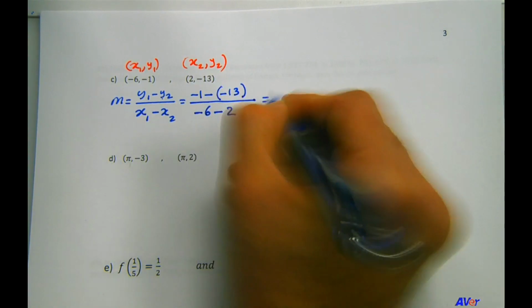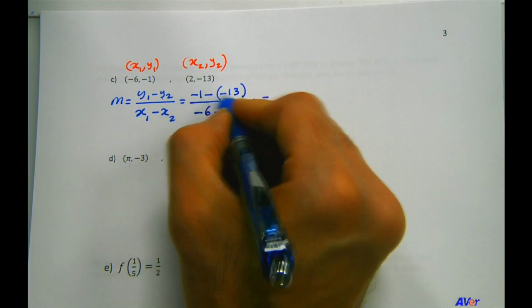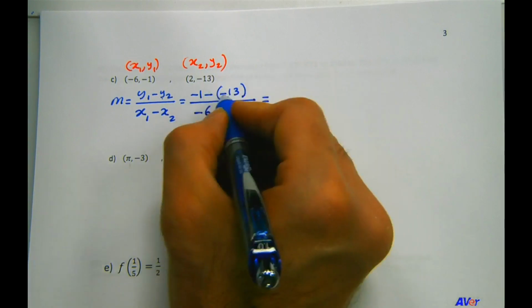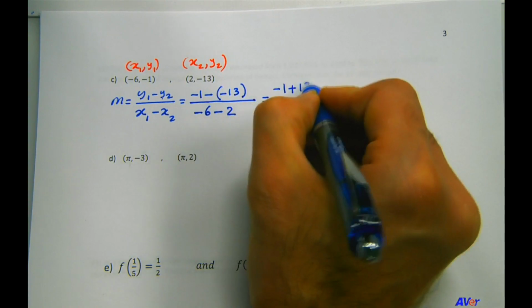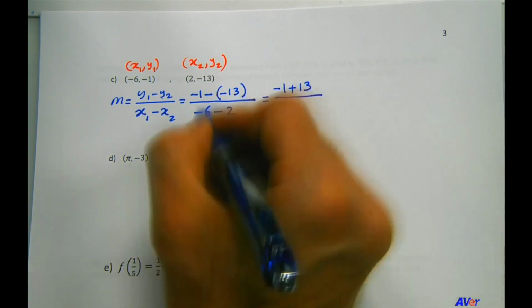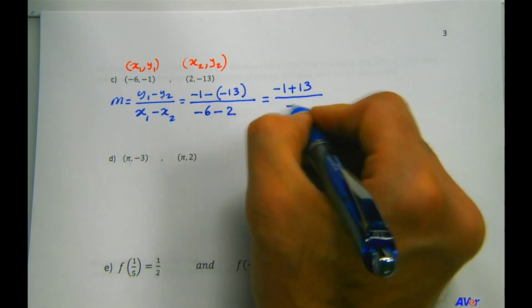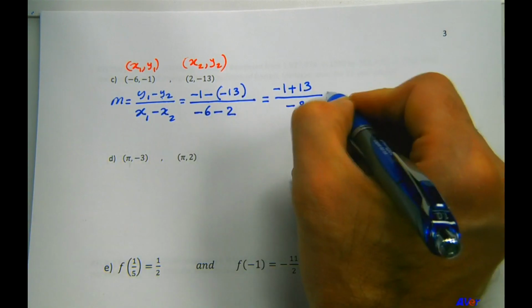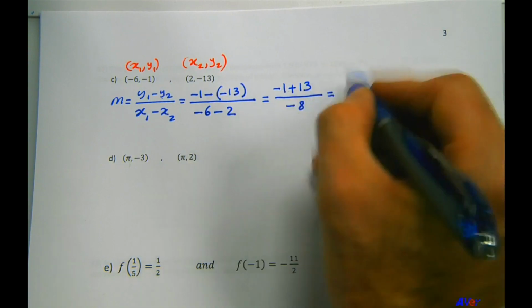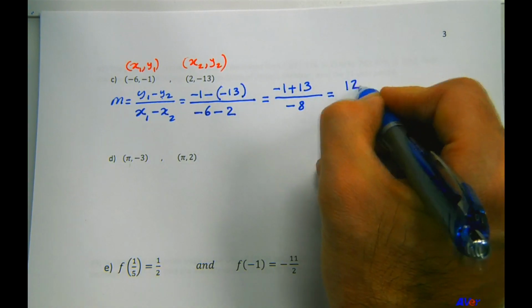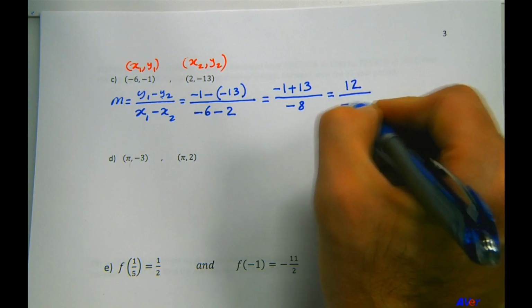So let's simplify. Minus 1 minus minus 13, this minus distributes itself to this minus, makes it positive 13, divided by minus 6 minus 2 is minus 8. Simplify this a little more. Minus 1 plus 13 is positive 12, divided by minus 8.